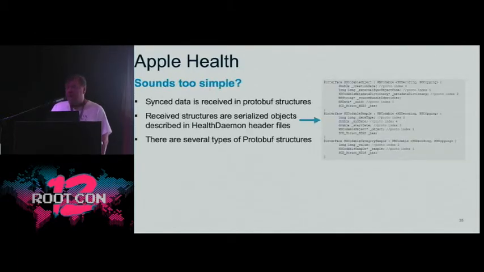The second problem is that the data returned from the cloud is not just a healthdb.sqlite file. We receive different protocol structures in return, and we have to parse them.